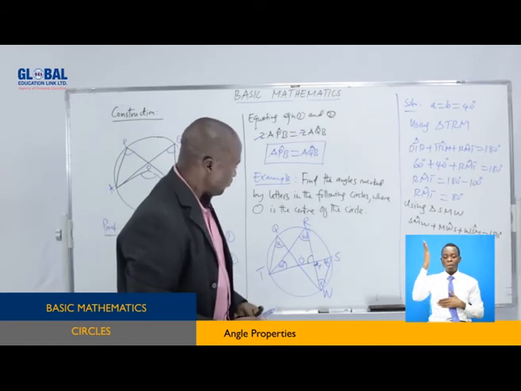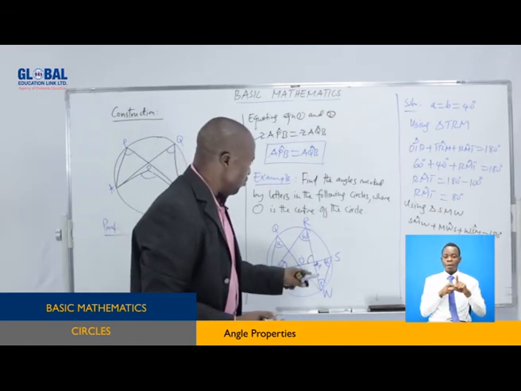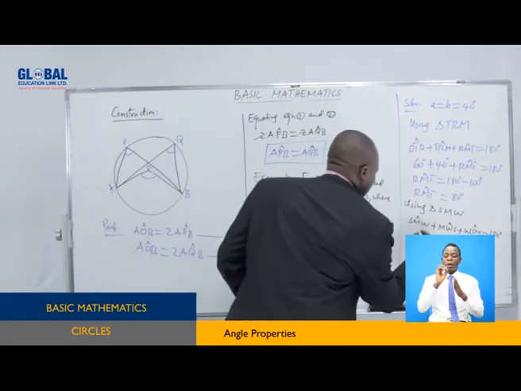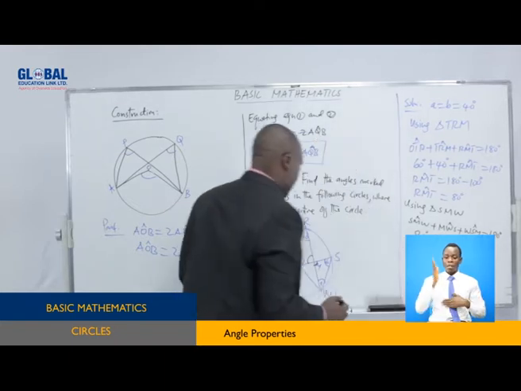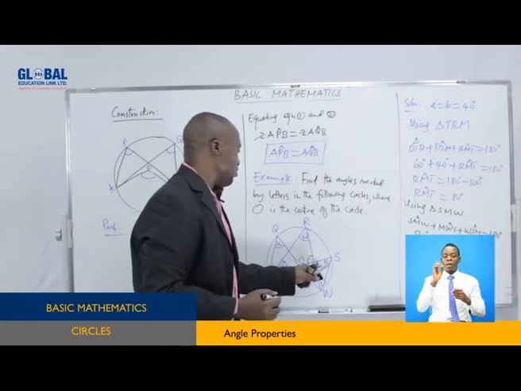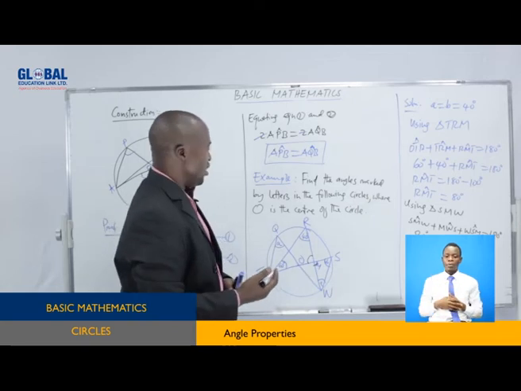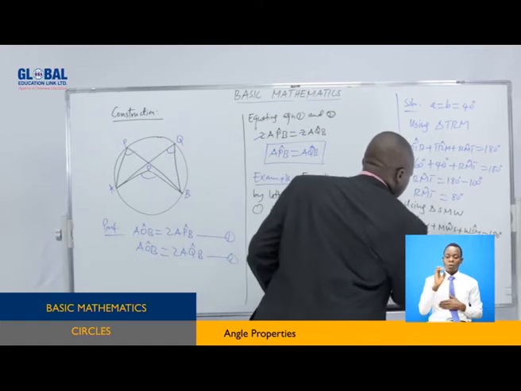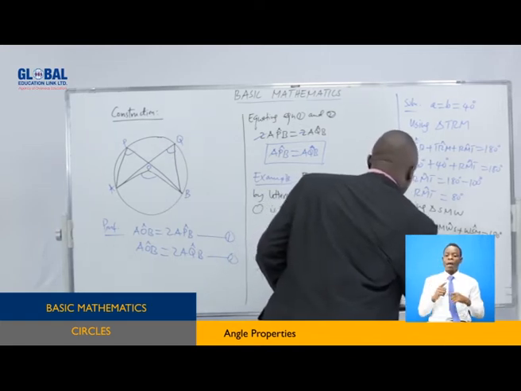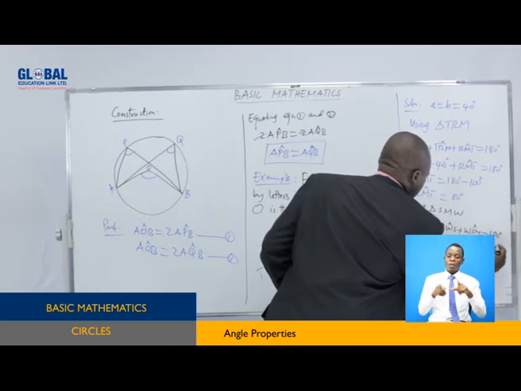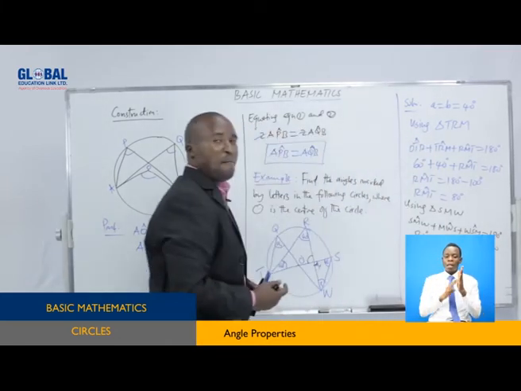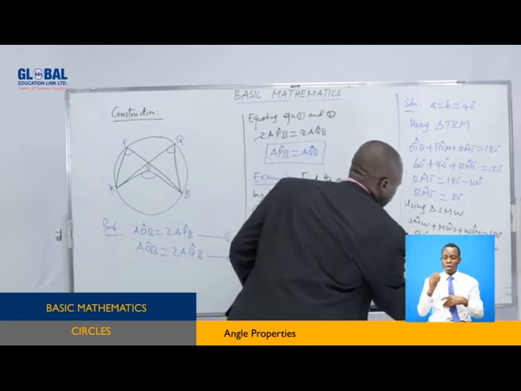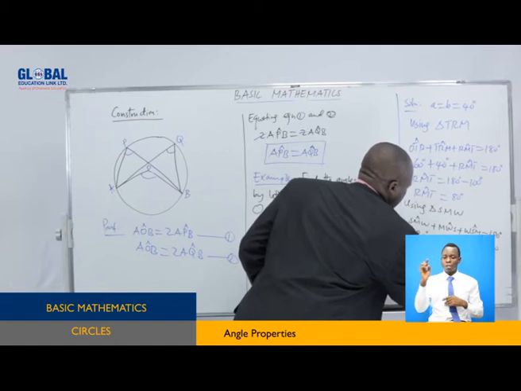So remember, angle WMS or SMW is equal to 80 degrees. So here we have 80 degrees, then plus, remember, WSM, that is B, is equal to 40 degrees, so plus 40 degrees, then plus angle C, this is equal to 180 degrees. So 80 degrees plus 40 degrees, that is 120 degrees, then plus C is equal to 180 degrees.